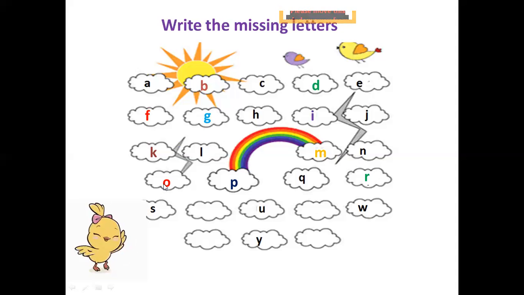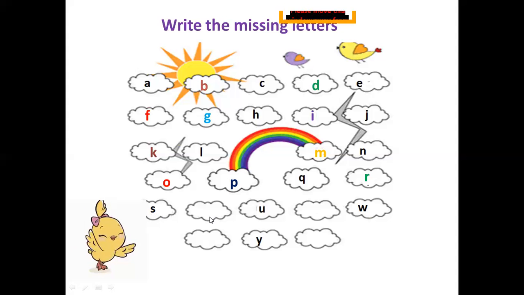Night. Octopus. Pencil. Queen. Rose. Now after R, our next letter is S, which is already given.